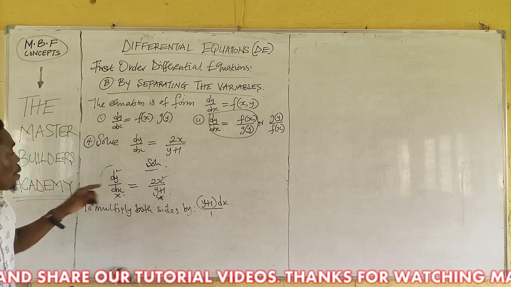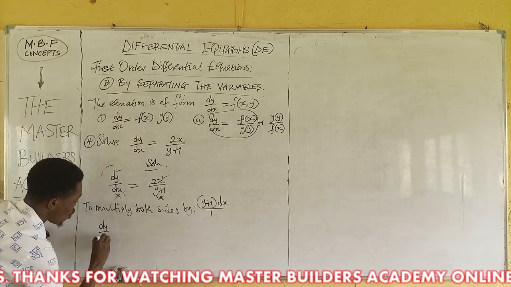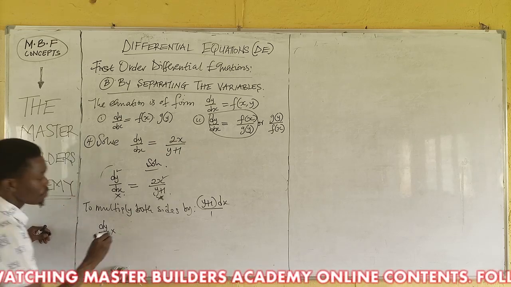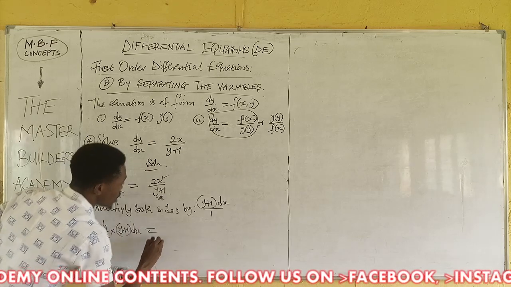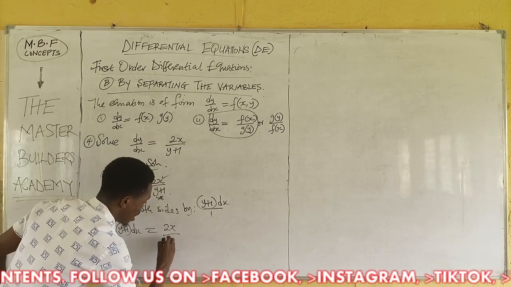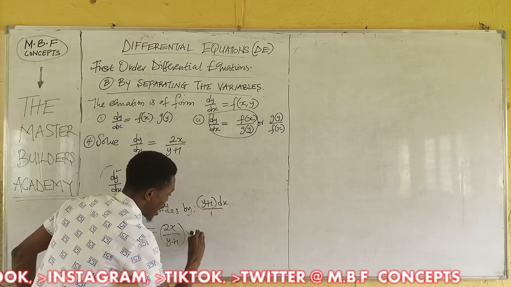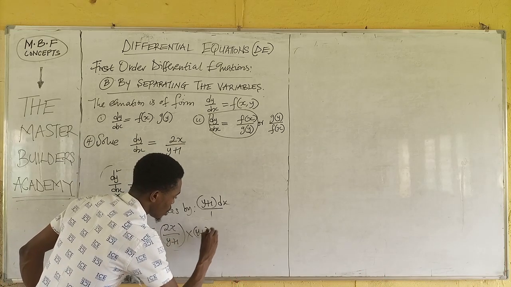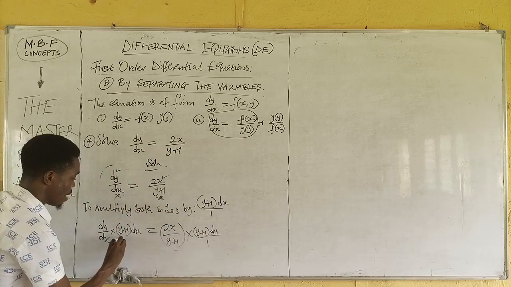So what do we do? We come here, the left hand side must be multiplied by this. So we are going to have dy over dx times (y plus 1) dx is equal to 2x over (y plus 1) times (y plus 1) dx, everything over 1, everything here is over 1.